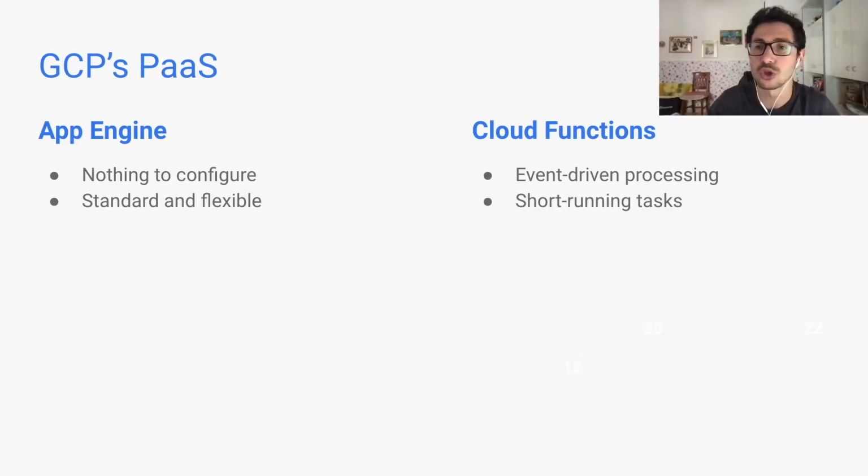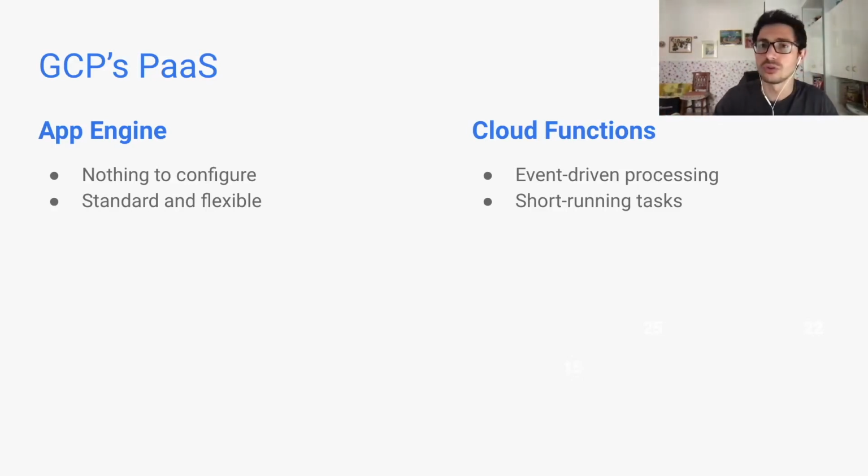Serverless means that you don't care if there is a server behind, because it's Google in this case that handles it. So these two solutions, App Engine and Cloud Functions, are serverless because you don't need to know if there is a server or there are 20 servers running behind.